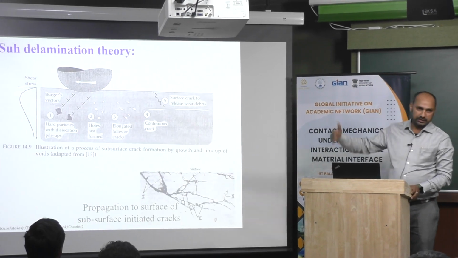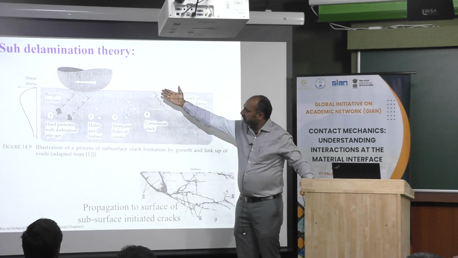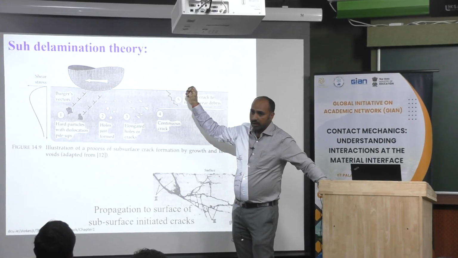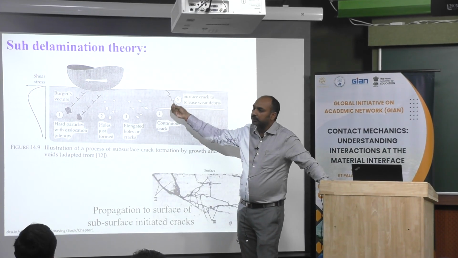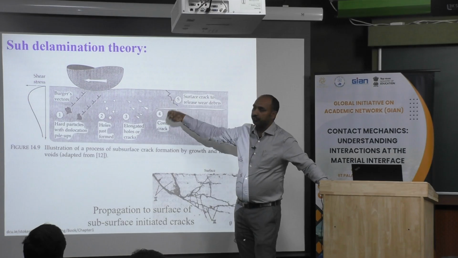In that part, Suh delamination theory has also come. If you go for repetitive loading and unloading conditions, dislocations get generated and can pile up because of hard inclusions or other inclusions, hard surfaces, and this will form a void.